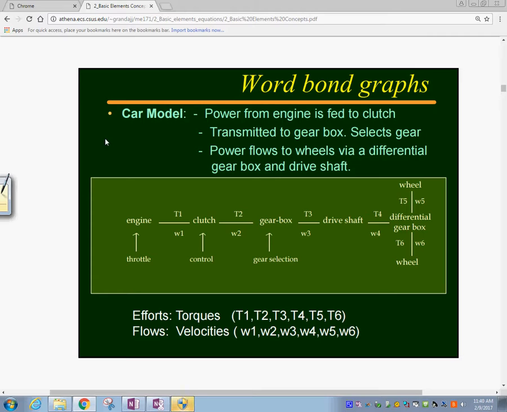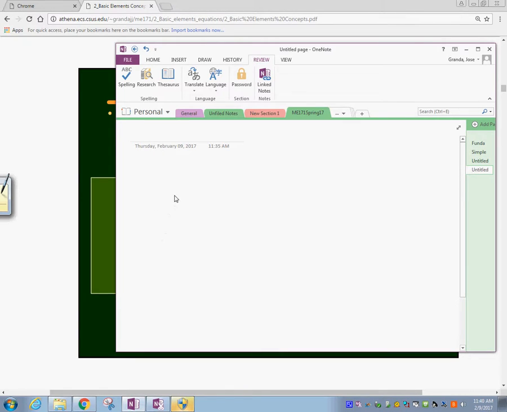What I'm saying is, if we have a vehicle that has a motor, and the motor is connected to the gearbox, where you can actually change the gears in any way, and then it has a drive shaft, goes to a differential, and this goes to each of the back wheels like that.